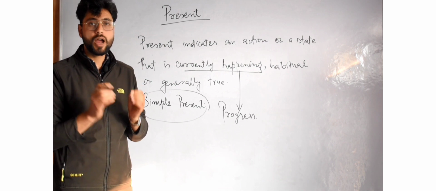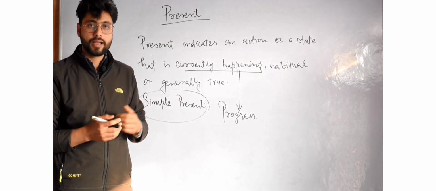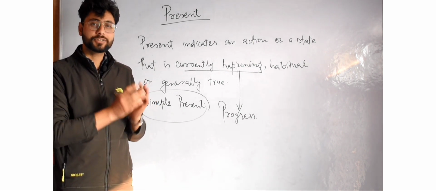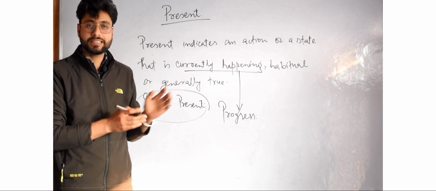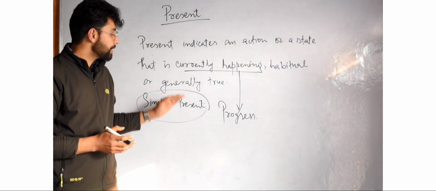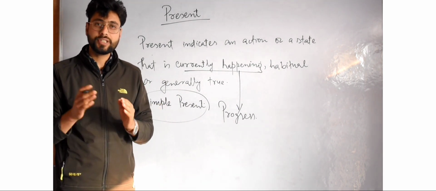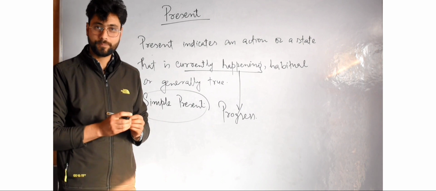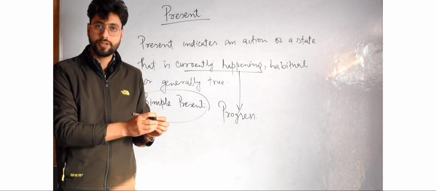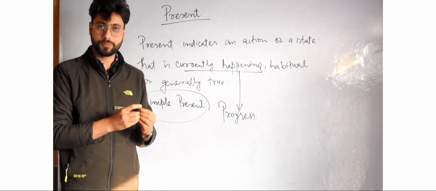If you brush every day in the morning, that is present simple. I gave an example a while ago that sun rises from the east. That is a general truth, and that is present simple. So whatever action you perform on a daily basis, you say that in present simple. If you are habitual with some kind of action in your life, that can be said in present simple.